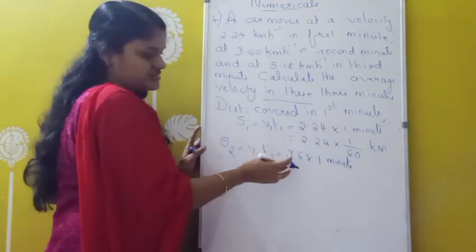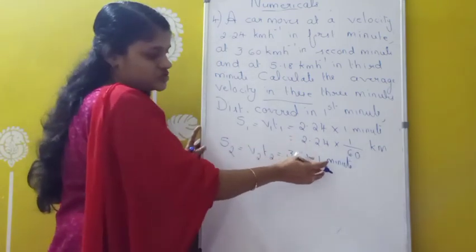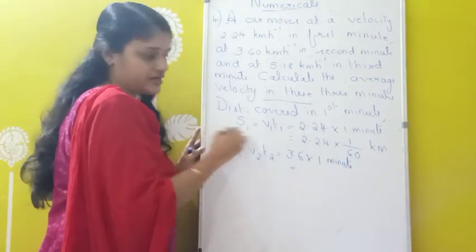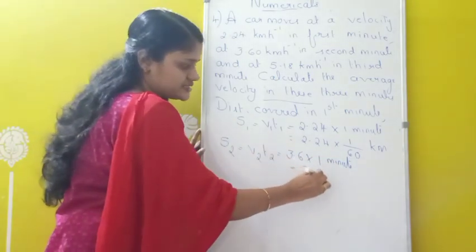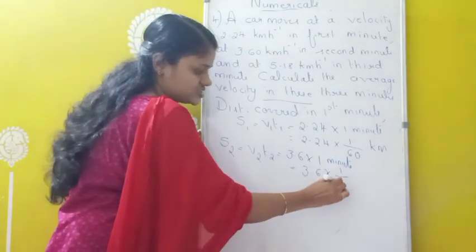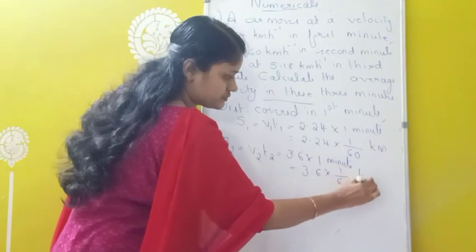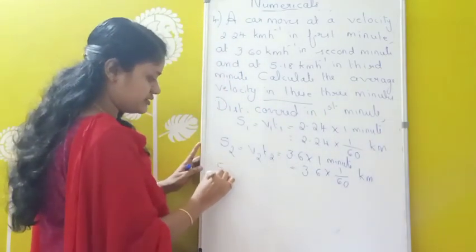The time is only 1 minute, and here also we have to convert this minute into hours. So 3.6 into 1 by 60. The unit of distance is again kilometer.